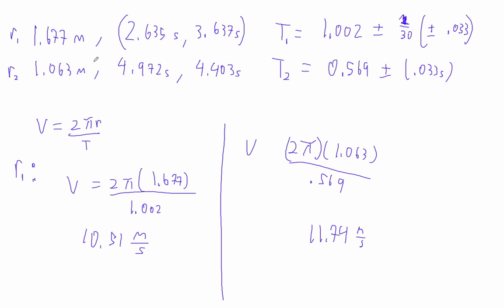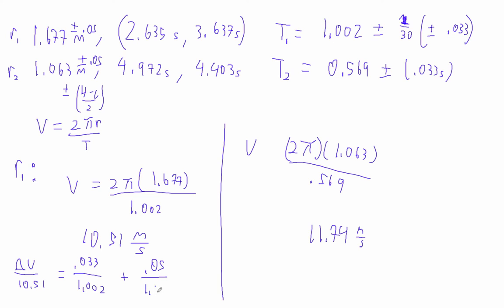So let's imagine that this R is plus or minus. By the way, it's going to be plus or minus high minus low divided by 2, if you did 5 trials. And these are meters, so let's say it's plus or minus 5 centimeters, so plus or minus 0.05. How do we find the uncertainty of this? Well, the uncertainty of the velocity over the velocity is equal to the uncertainty of time over time, 0.033 over my time, which was 1.002, plus 0.05 divided by 1.677.